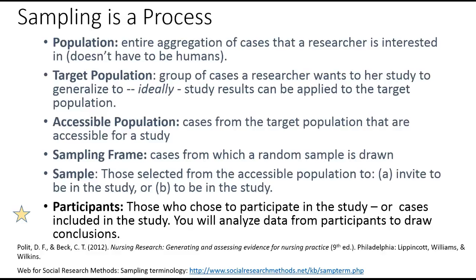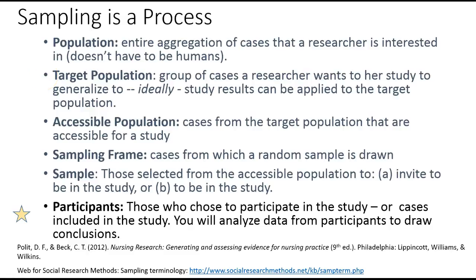What they're emphasizing by this is that often a population, that entire aggregate of cases, is simply too large to even think about generalizing a study to a population that large, because there are so many ways that population can differ from each other. And so they use this term target population to define that group of cases that you want to be able to generalize your results to. You want to say, my results pertain to these participants in my study, and I can say that these apply to this target population.